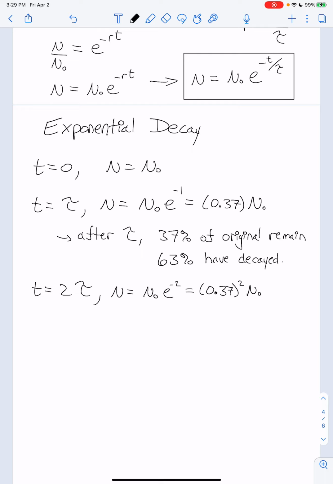And so N is equal to 0.14 N naught, and so 14% of the original remain, and 86% have decayed.